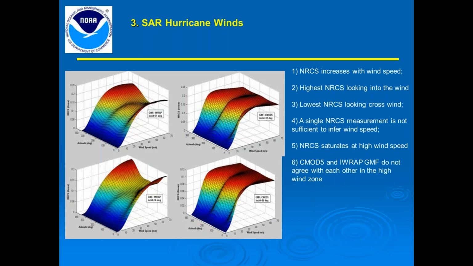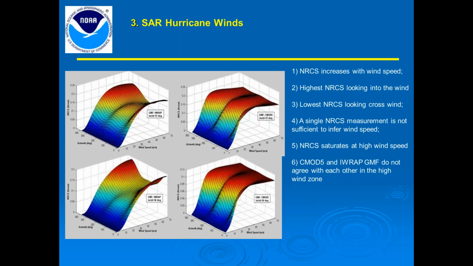coefficients. I won't go into detail, but you can see that as the wind goes very high, above 25 meters per second or so, this curve becomes flat. That means the ocean surface roughness, on the radar side, becomes saturated. So in other words, as you increase the wind speed, regular SAR observations will not respond; the energy is saturated.